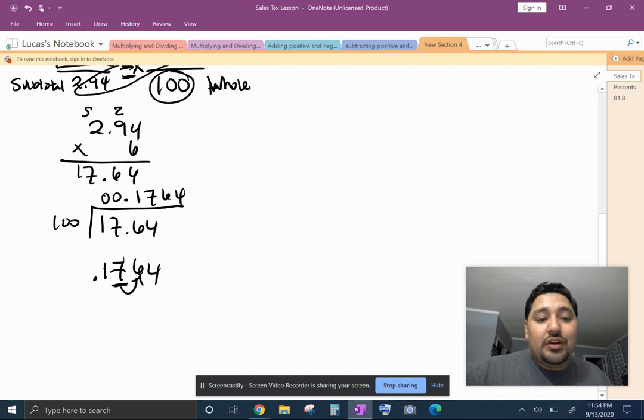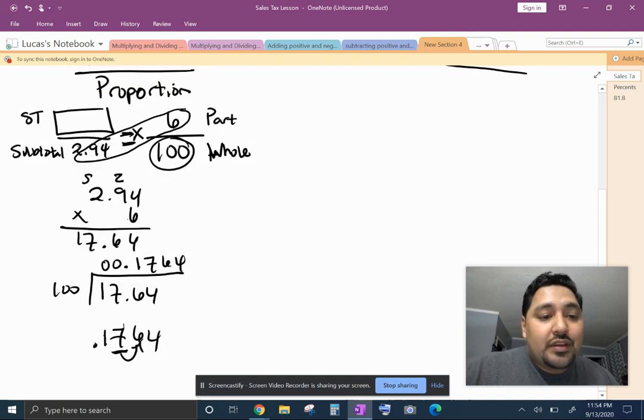And so up here, my amount of cents, or the amount of money that it's going to be sales tax, is 0.17, which is 0.18, because I rounded up, 18 cents. Okay. And so that's helping me calculate my sales tax.